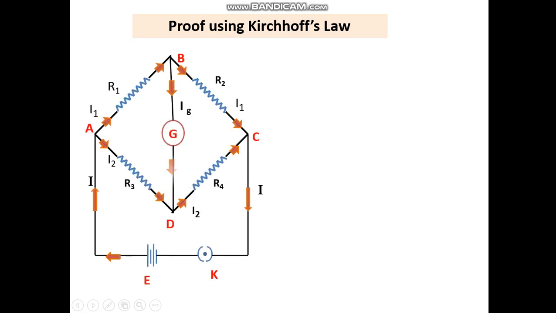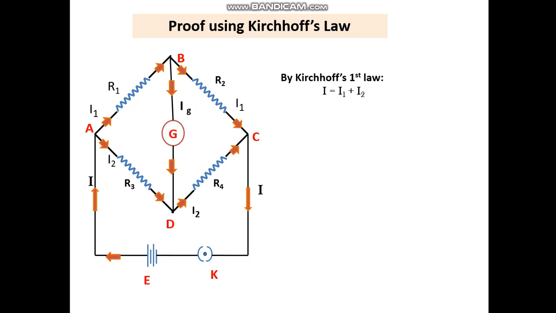So we have the network here again. Let us use Kirchhoff's first law, the current law or the junction law. If you take the junction A, I is equal to I1 plus I2.